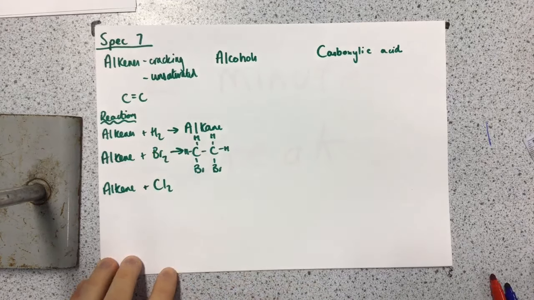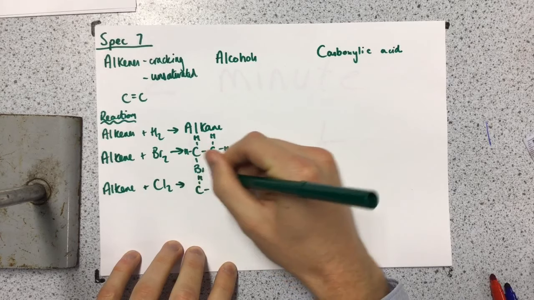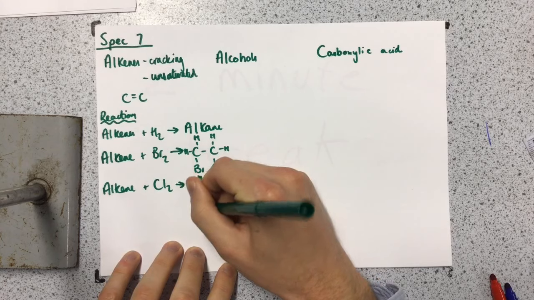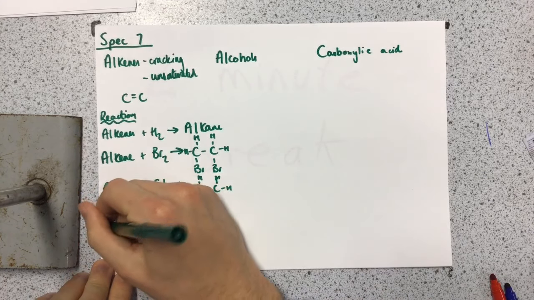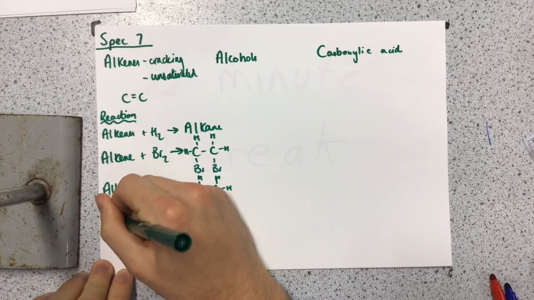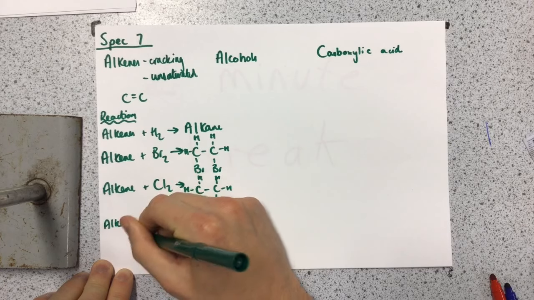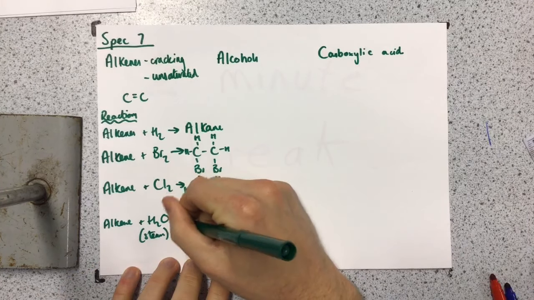Again, a different halogen this time. So if you had chlorine, you get exactly the same thing. It's just this time, instead of bromine, you end up with your chlorine on there. And the final one, you've got your alkenes reacting with water in the form of steam. And when you do that, you produce an alcohol.